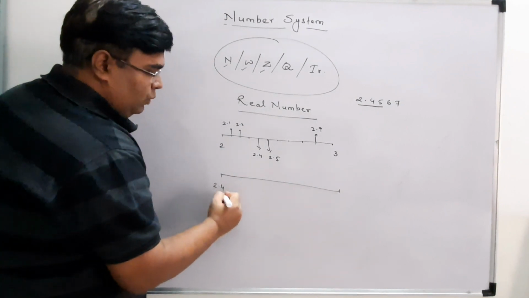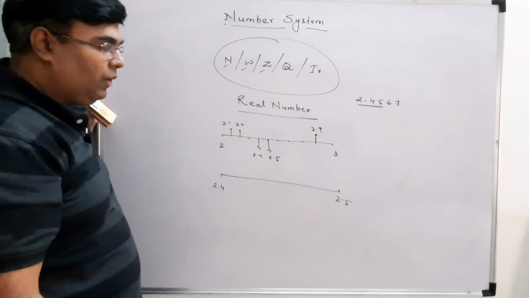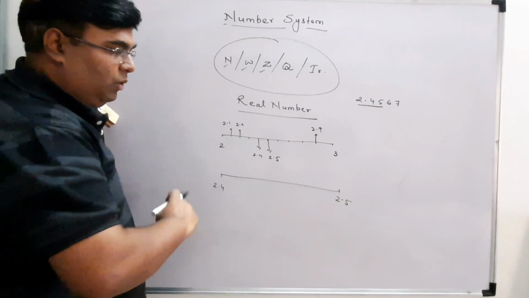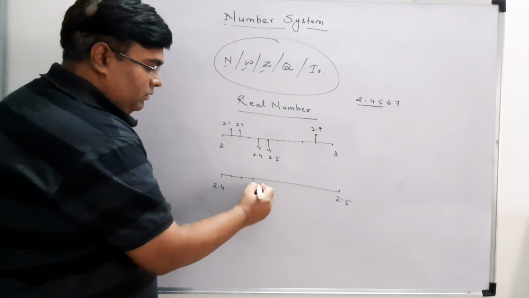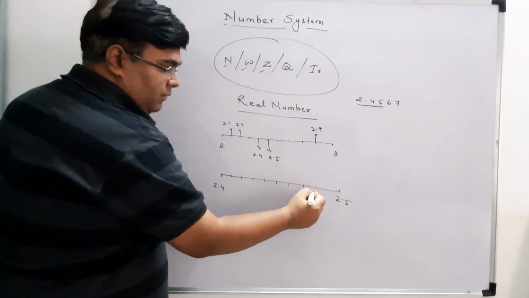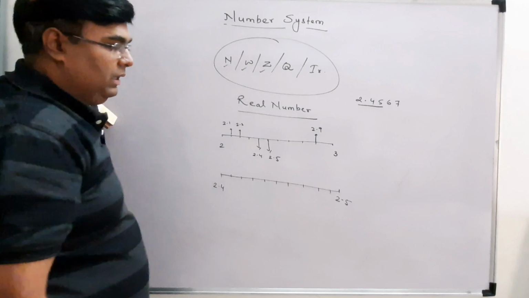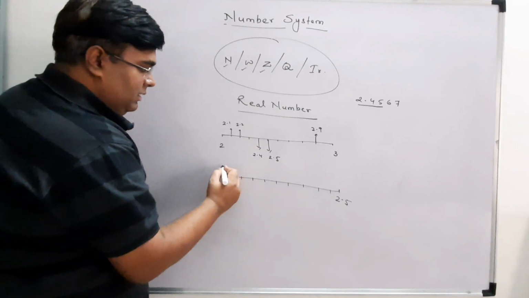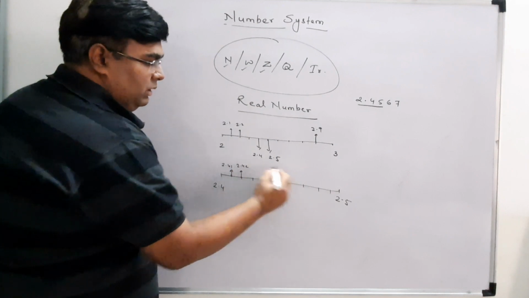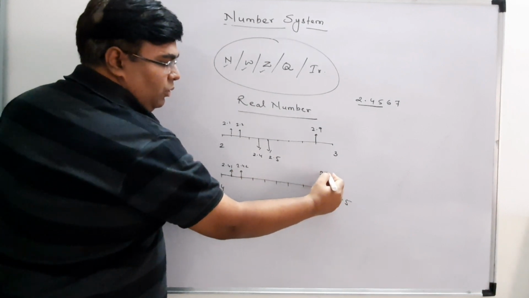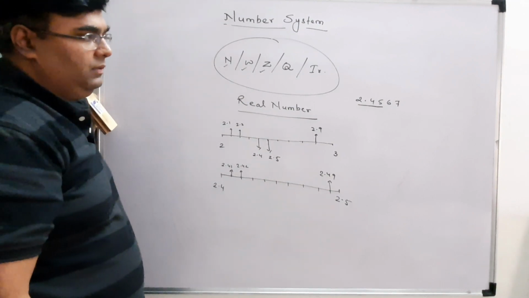So let us take 2.4 here, 2.5 here. Okay, now again we will divide the whole part into 10 equal parts. Like this is my 2.41, this is 2.42. Similarly the last part will be 2.49 and then next is 2.5.